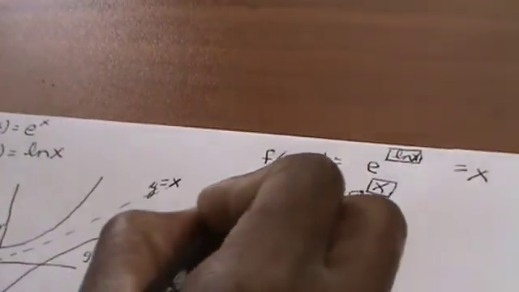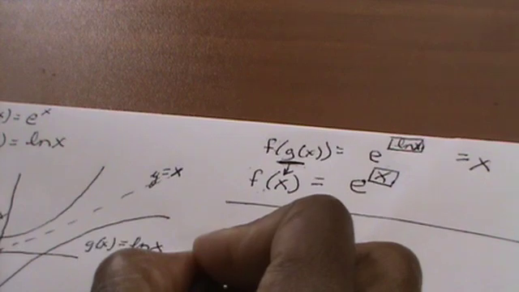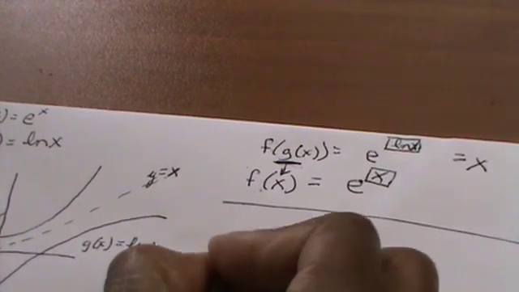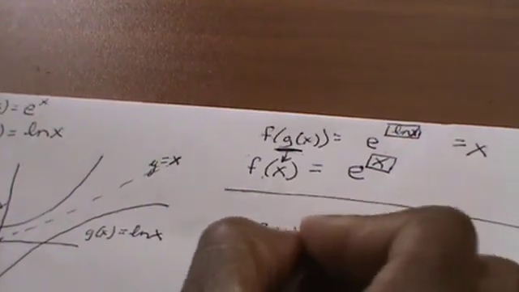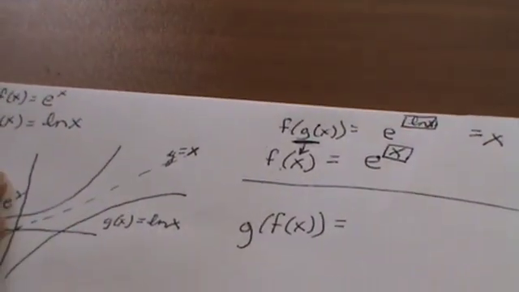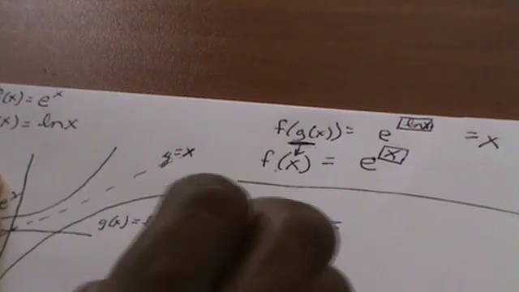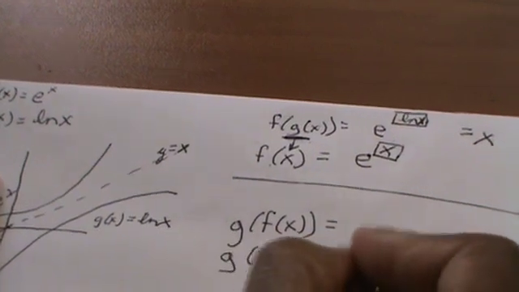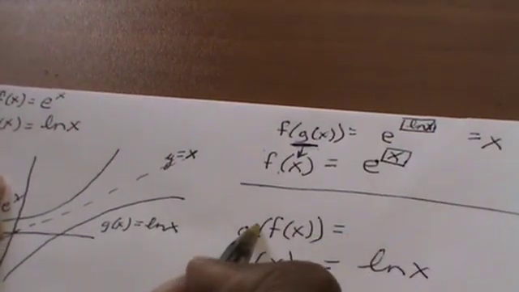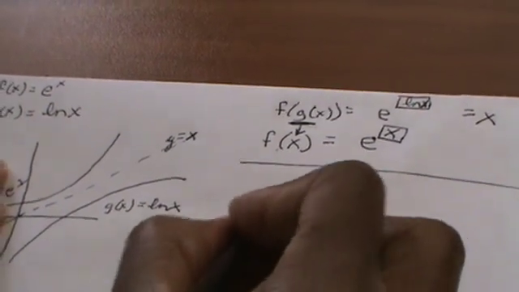Now you could do the exact same thing going in the opposite direction, and say you're looking for g of f of x. Okay, also a composite function. We know that g of x in general equals the natural log of x. So these two major functions match up, which means you should be able to make a substitution.